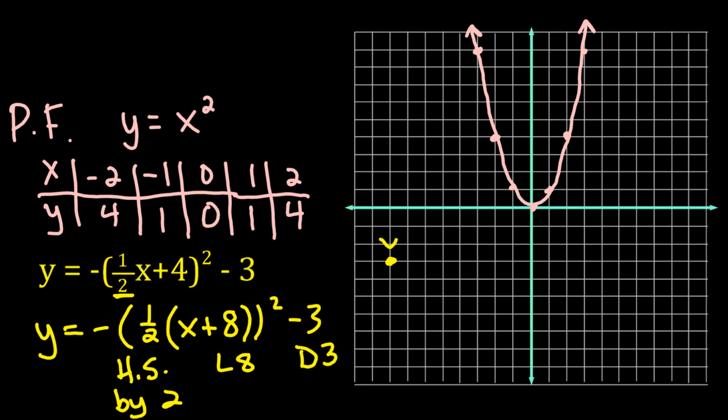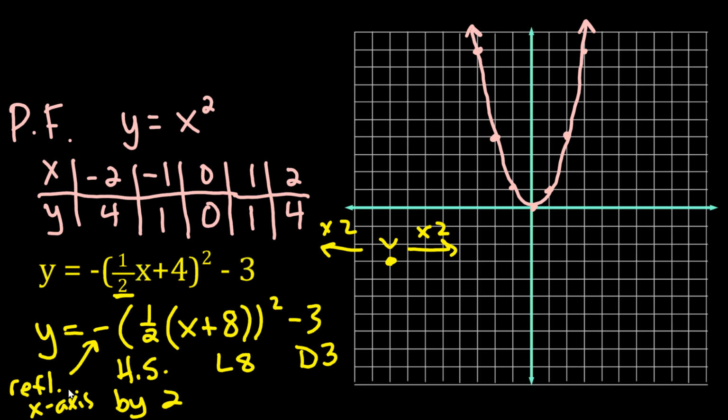And so what that means is we're pulling that graph horizontally by 2. And I'll talk about how we're going to do that. And then the negative also means it's going to be upside down, or a reflection over the x-axis. Basically, it's just going to be an upside down parabola.